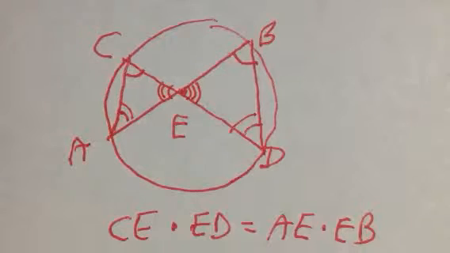So we have two similar triangles, and what we know about similar triangles is that the ratios of their sides are equal.